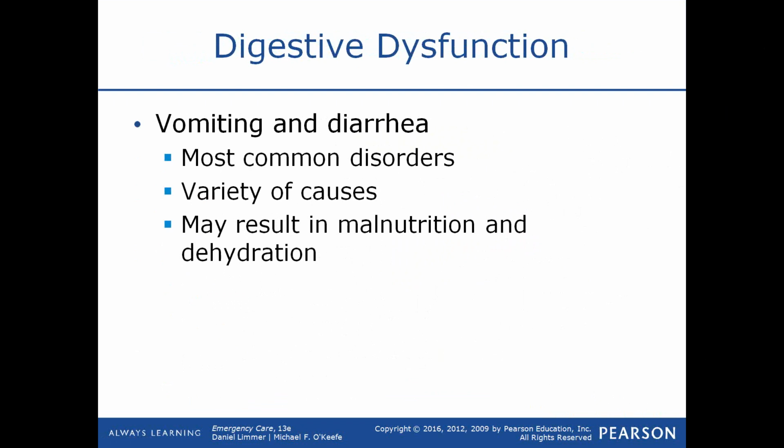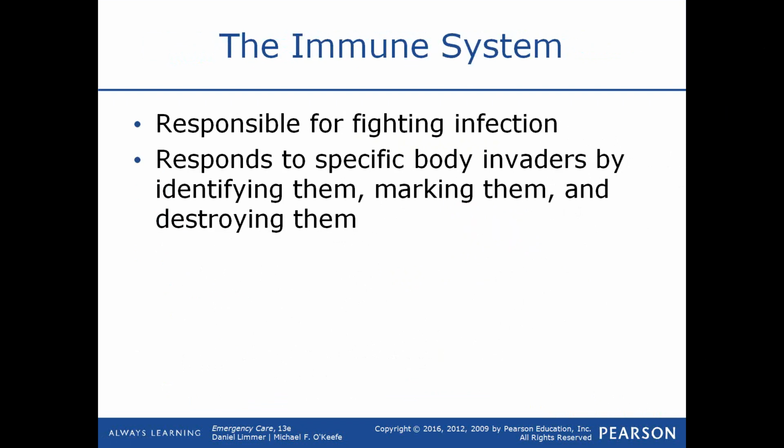As an example, if you take in E. coli, or you take in too much bacteria from the food that you eat, if it's not prepped properly, that could make you very sick and die. But by throwing it up or having diarrhea, you're able to eliminate that, so it poses less of a problem to you. But in any event, over time, vomiting and diarrhea may result in malnutrition and dehydration.